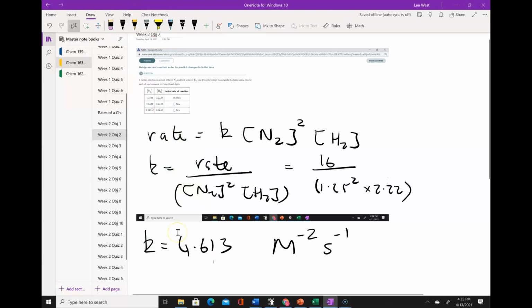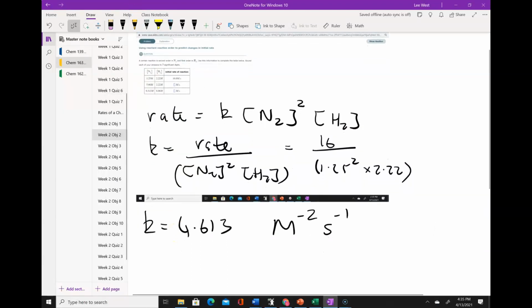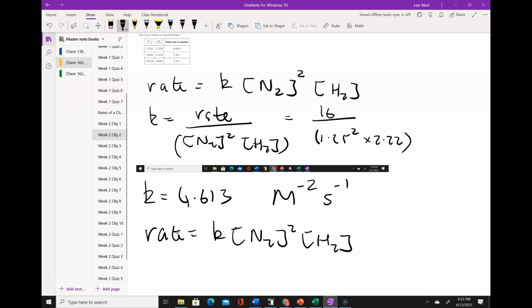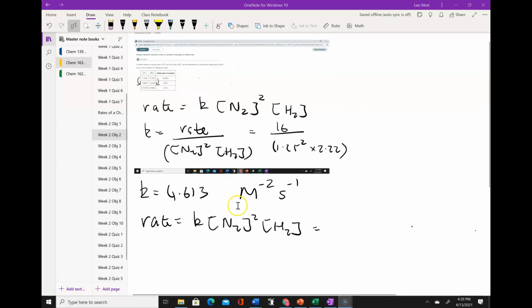All right, so we've got K, so now we can go on and calculate any rate where we have the concentrations, right? So rate equals K [N2] squared [H2]. So K is 4.613.